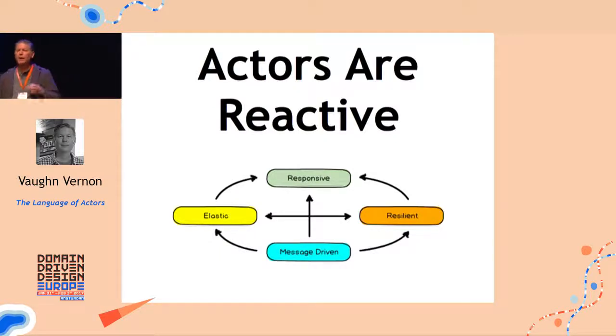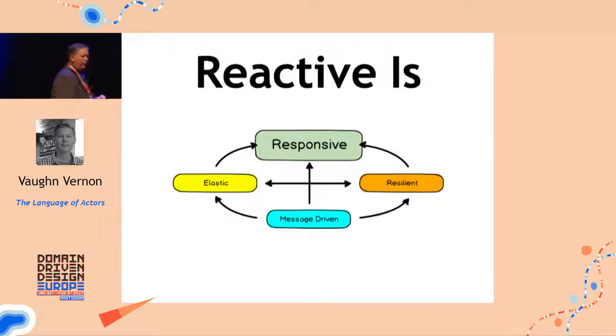And it's really the message-driven aspect that allows for these other three characteristics of actor systems. So we could focus on responsive: sub 25 millisecond response times in a service are not out of the ordinary when using the actor model.